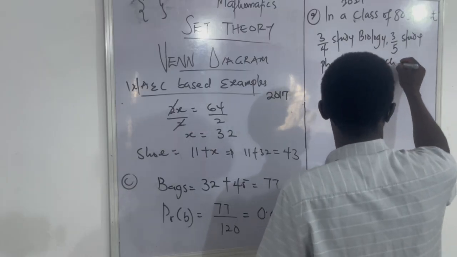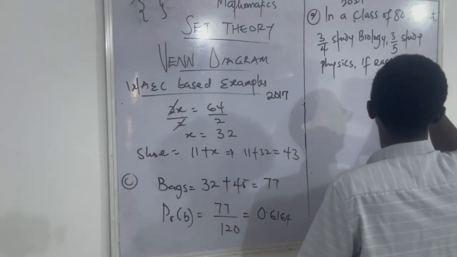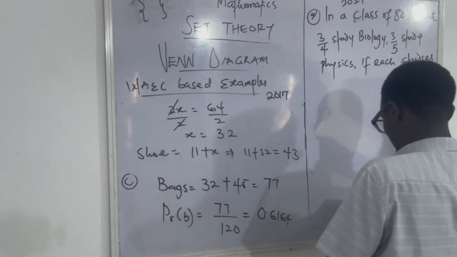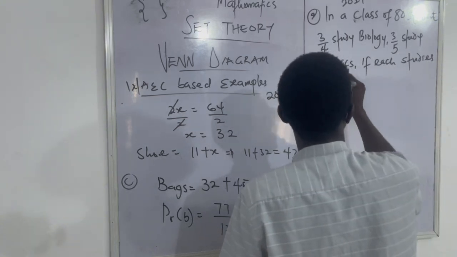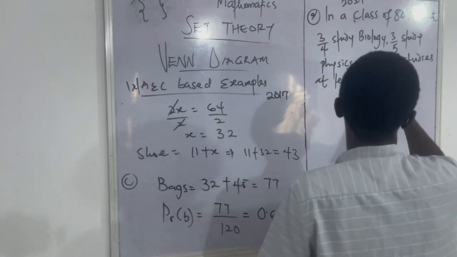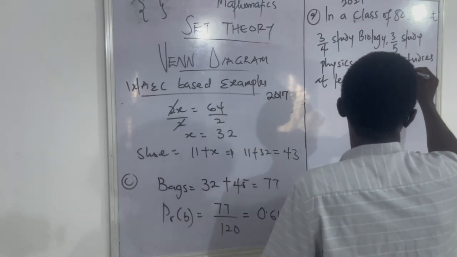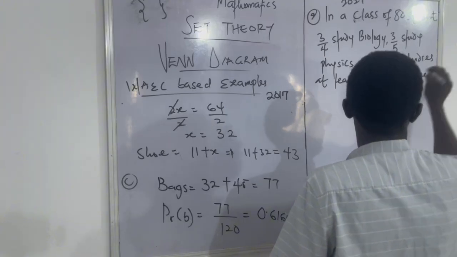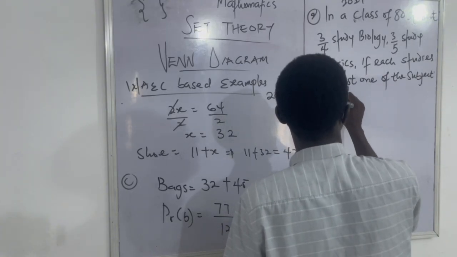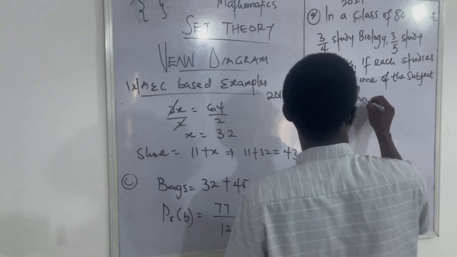If each studies at least one of the subjects, A. Draw a Venn diagram.